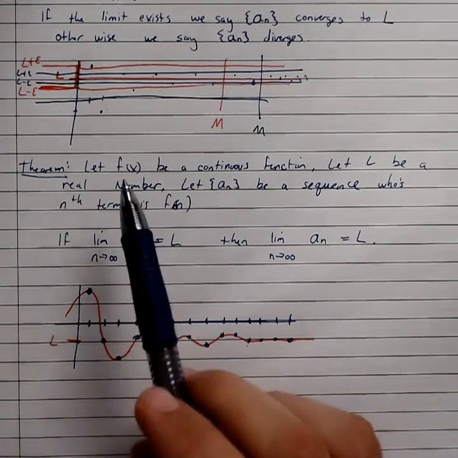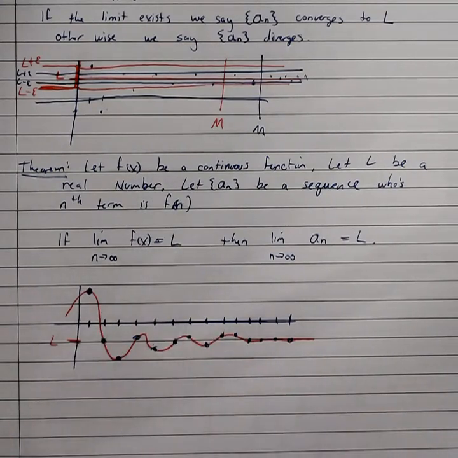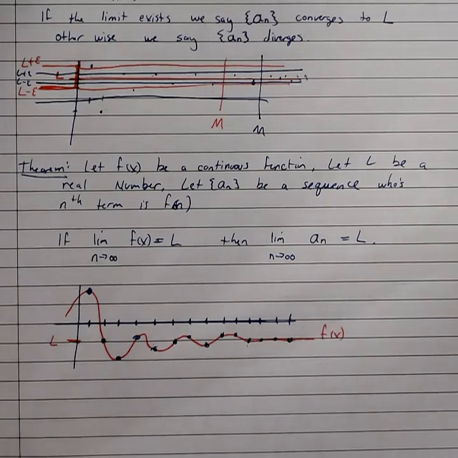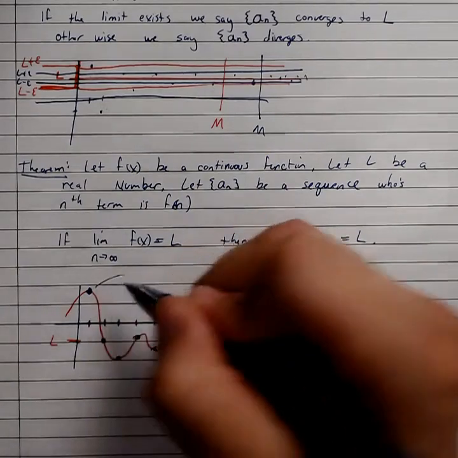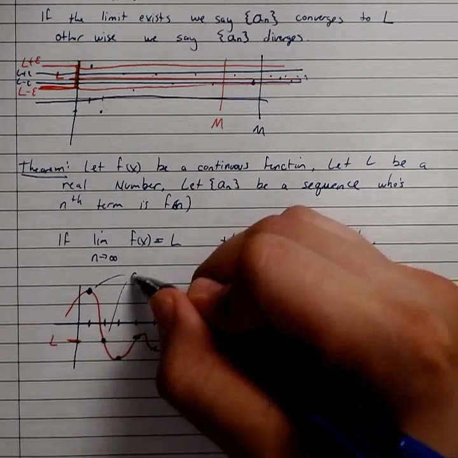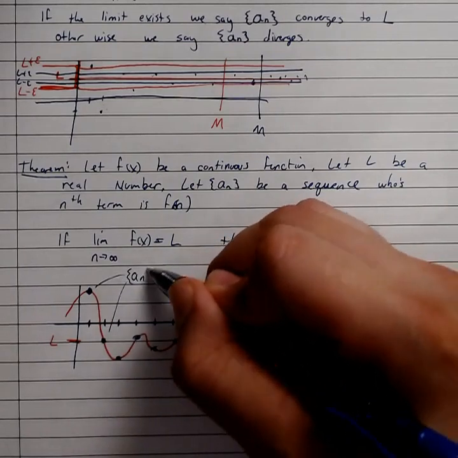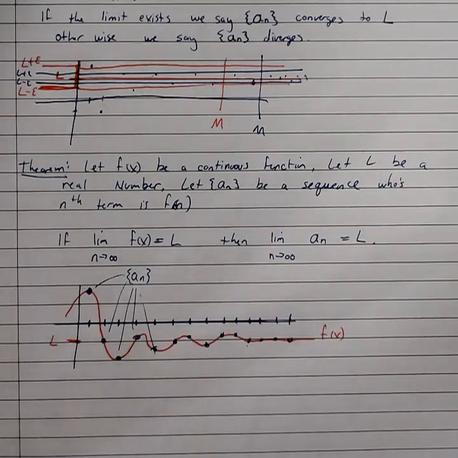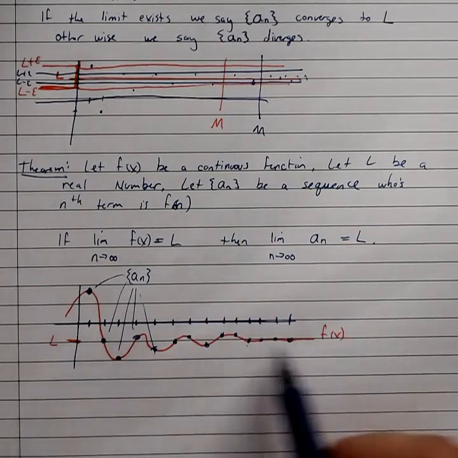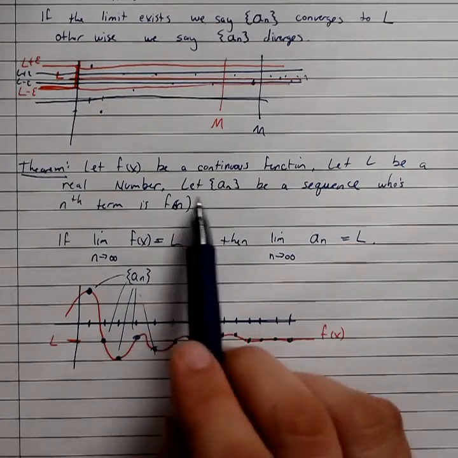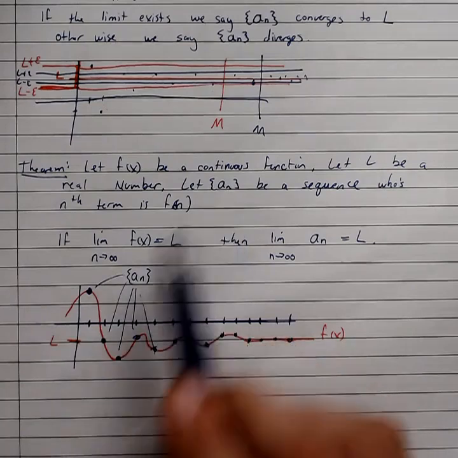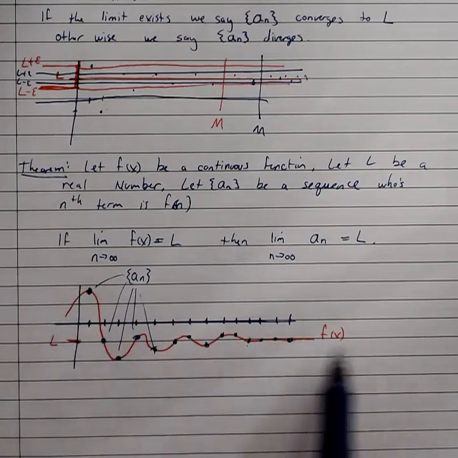It says, okay, if you have a continuous function, that's your red line here, that's your f of x, and you have a sequence that is made up of the discrete points of that function, and L is just some number, then let the sequence be defined as points on that curve.